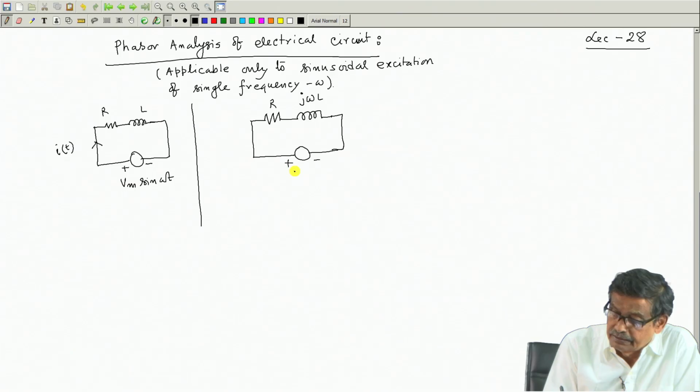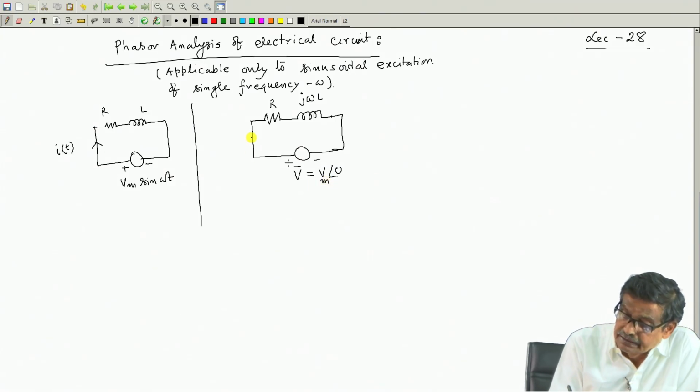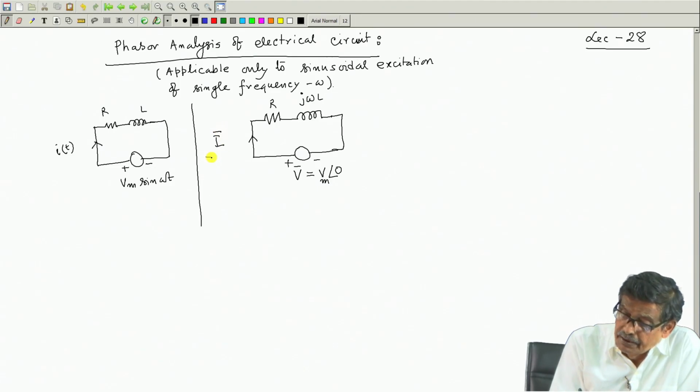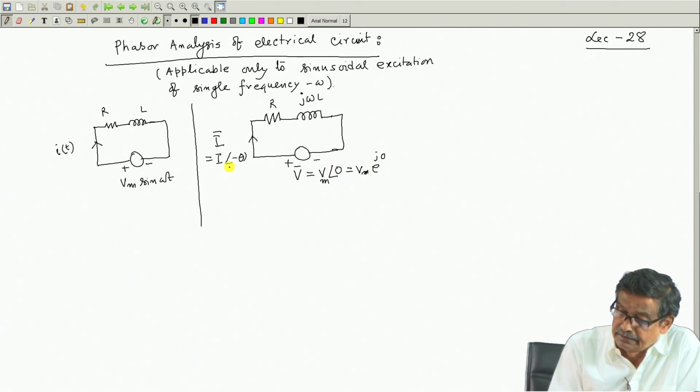So, this V t is this V bar, which will have a magnitude and angle, and I wrote it as V max, and similarly the current phasor will be I bar. And I bar will be I angle minus theta. This is nothing but V m e to the power j 0. In short, instead of writing e so many times, you put the angle, that is good enough.